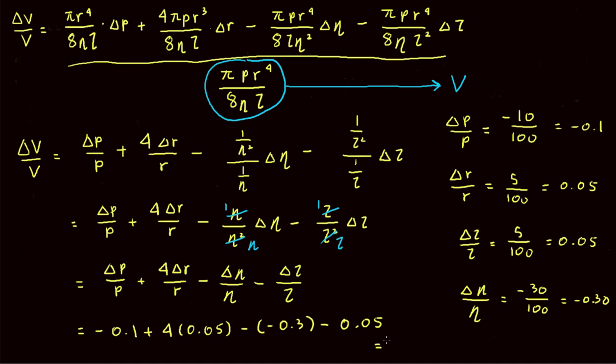Computing everything together on the calculator, the final answer is 0.35, which we can say is 35%.